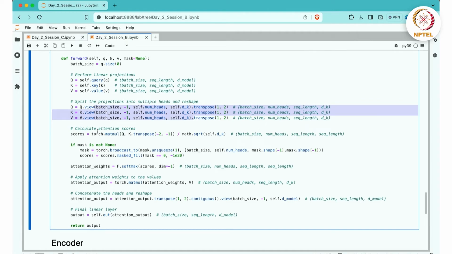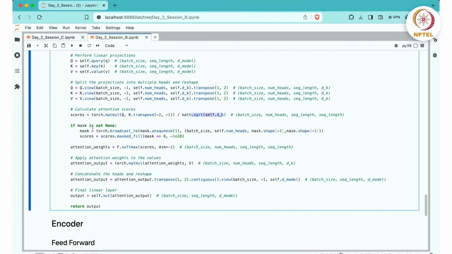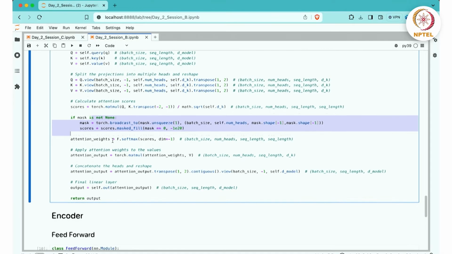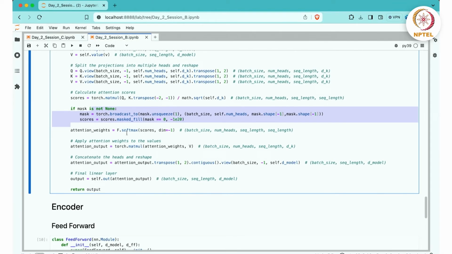Once I have the projections done, I do my Q and K, and I scale it by root dk. We'll come and talk about the mask later, but once we have our attention weights, we do a softmax, and this gives us our attention output. I reshape it back to the original form which we wanted, which is batch size, sequence length and dimension of the model, and we pass it through a final layer and we get our output.